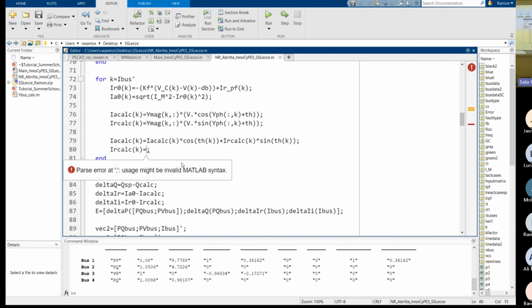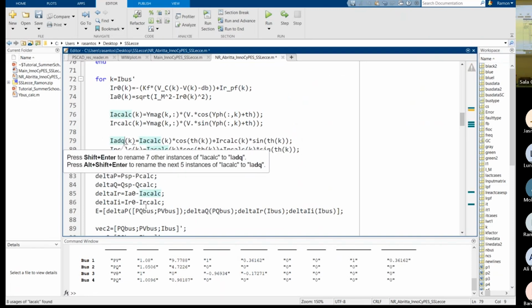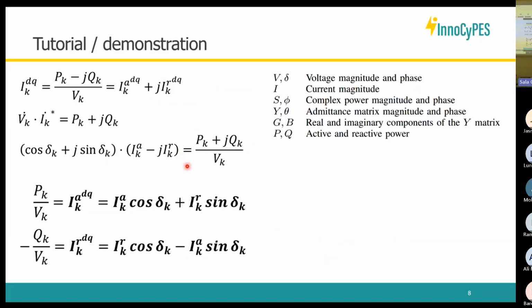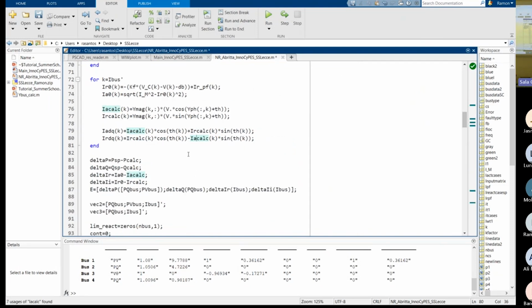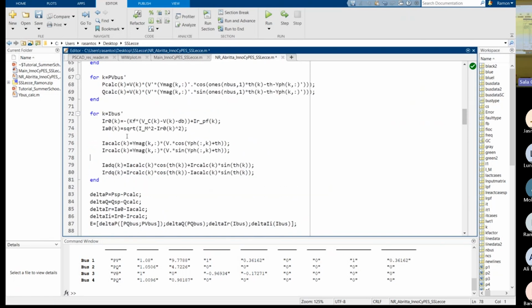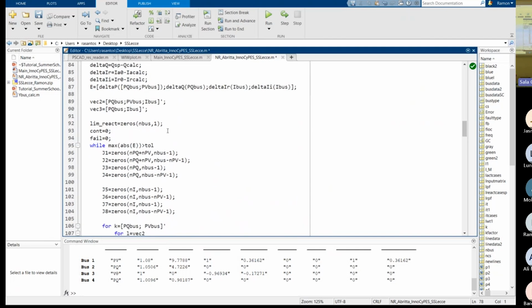And for the reactive current in the DQ frame, this will be reactive current times cosine minus active current times sine. This part of the code is a calculation that happens before the iterative process.